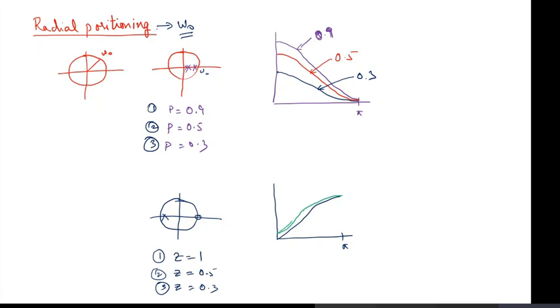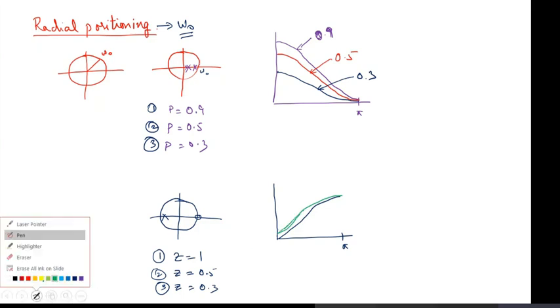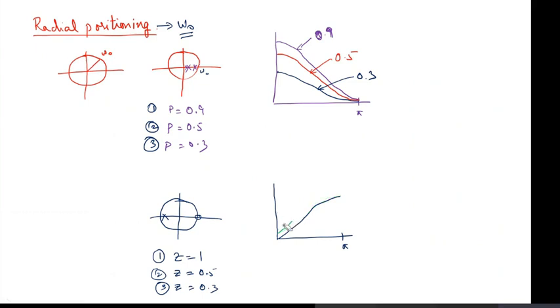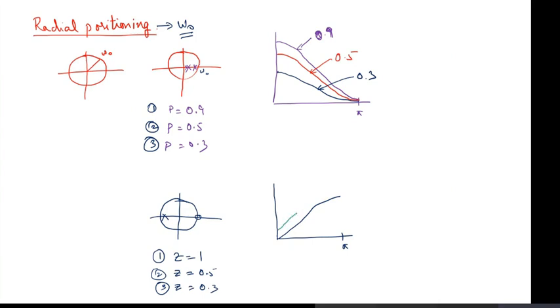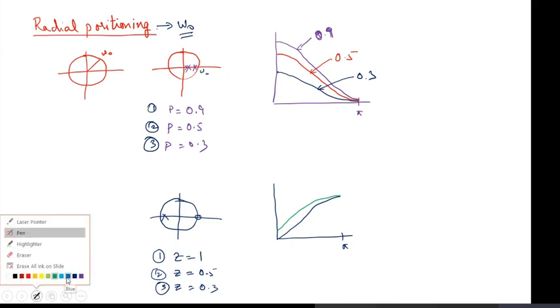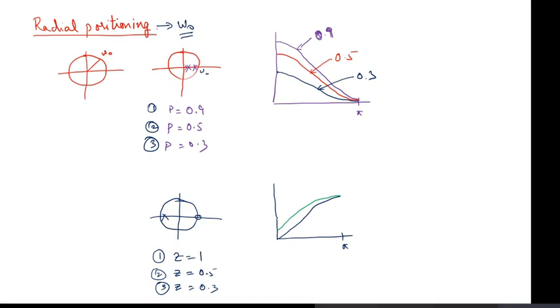Something like this. This is for the second case, and this is for the third case. So this is for z equals 1, the second one is for 0.5 and the third one is for 0.3.